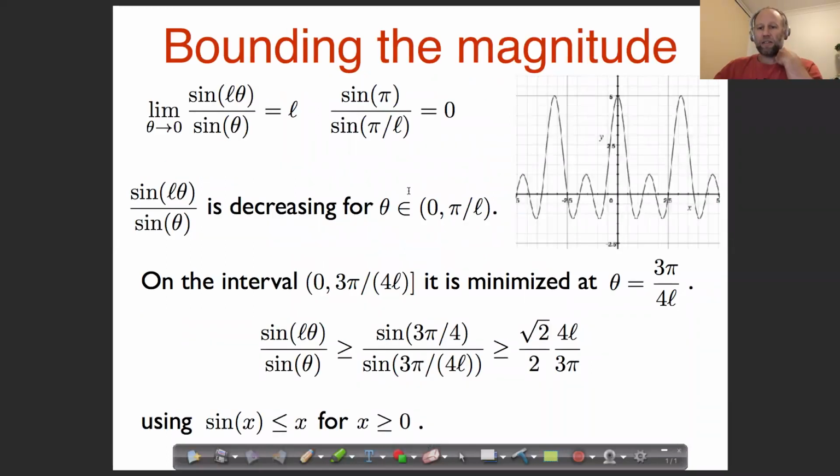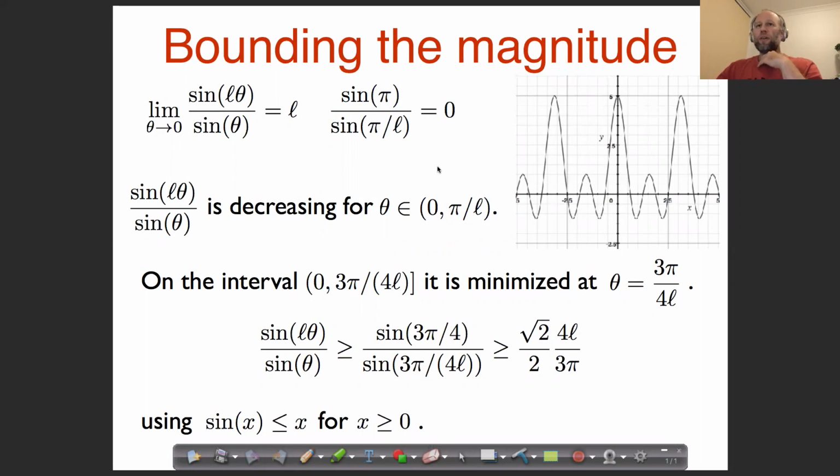For this I'm going to do kind of a picture proof. Here is a plot of, let's see, it's 5 there, so it's sine of 5x divided by sine x. So you see what it looks like. This must be pi over 5 there.